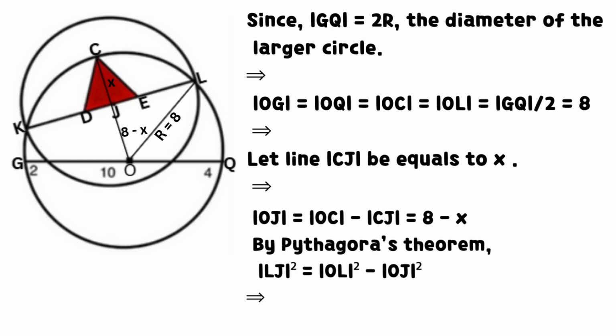By Pythagoras theorem, the square of LJ equals the square of line OL minus the square of line OJ.